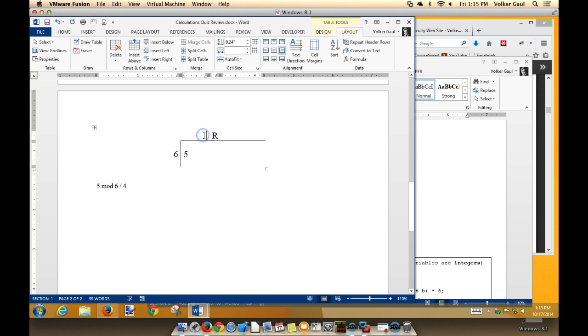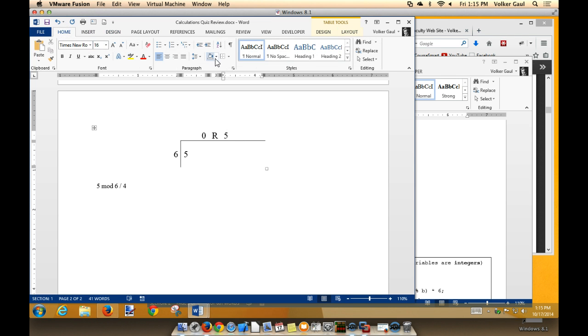None. So the answer up here is 0. 0 times 6 is what? 0. Subtract from 5 is 5. And so what's the answer? 5. Because remember this side over here in the shaded answer is the modulus.